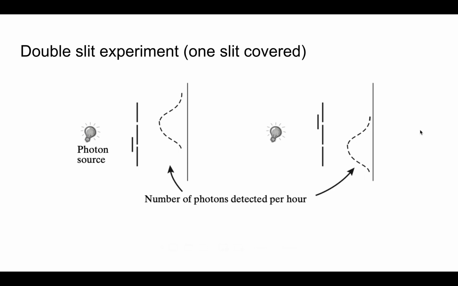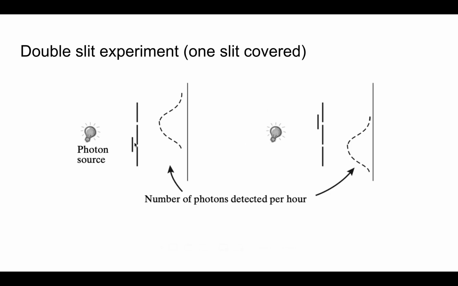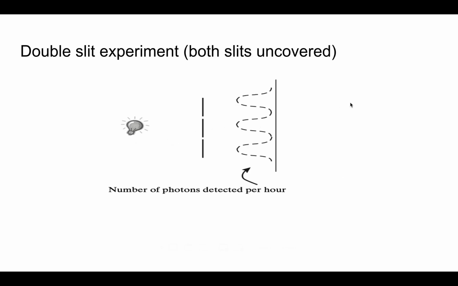However, it turns out that at some detectors, when we do not cover any of the slits, we actually get fewer electrons than when we cover the slits, which is very surprising. So the double slit experiment illustrates that the electrons must have somehow instantaneously explored all the possible paths when the slits are open, such that it depends on the number of slits.